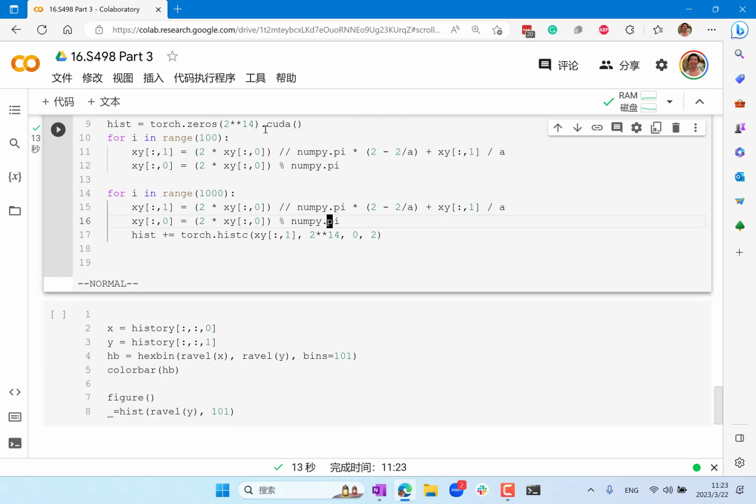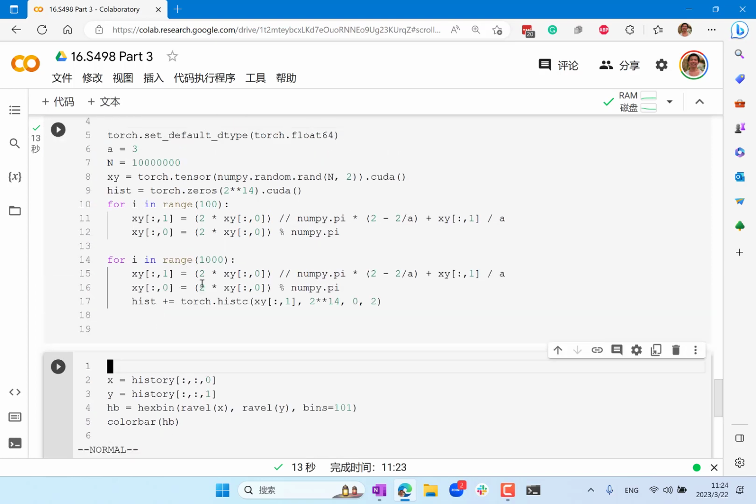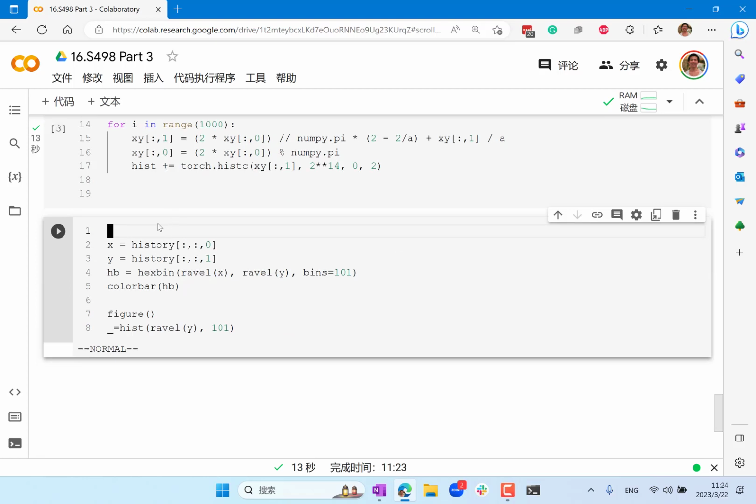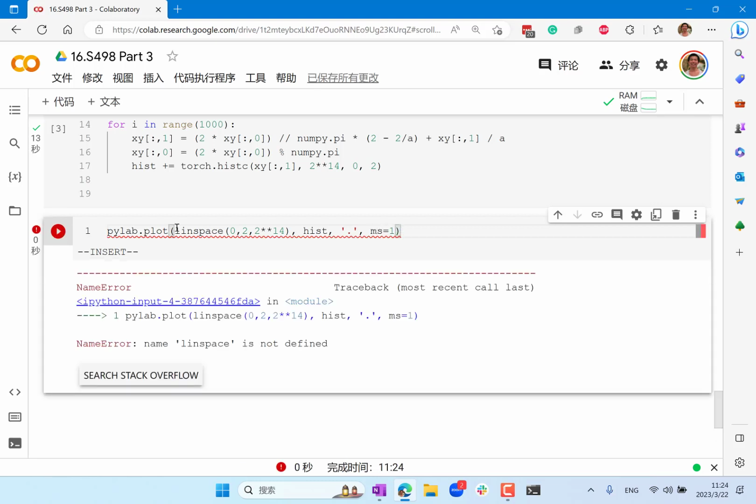All right, so that finished running, and if you have time, you can really make a much longer trajectory or a lot more initial conditions and make it run for hours, and you can really refine the data. What we are going to do is first visualize. The space between 0 and 2, the 2 to the 14 and the histogram. I'm not used to having to type numpy.